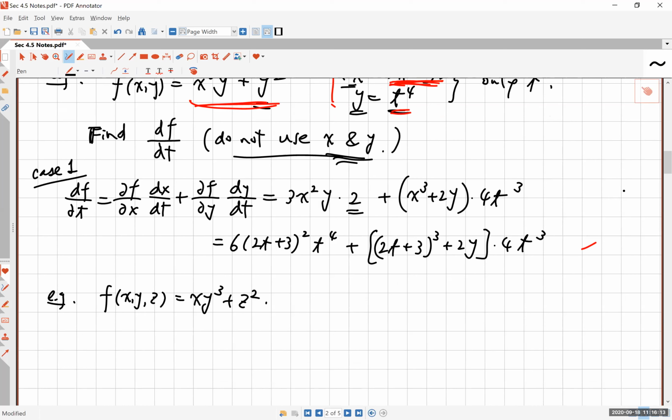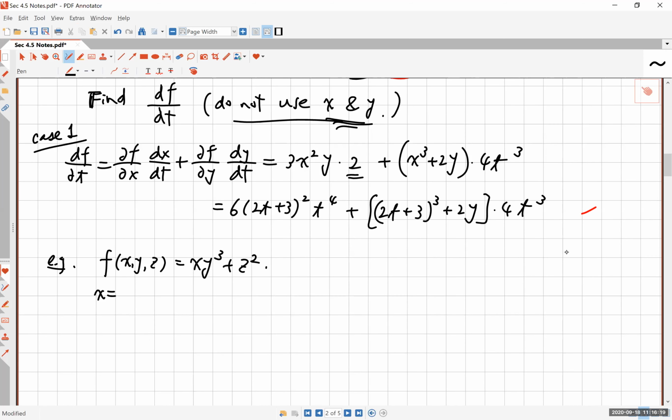Okay, all right. For this one here, I'm going to write down the questions here. x is 2t, y is 3t plus u, and z is 4u. Now notice here, I have f, which is my w, and then you have x, y, and z.